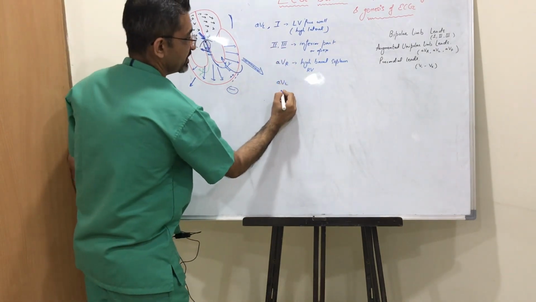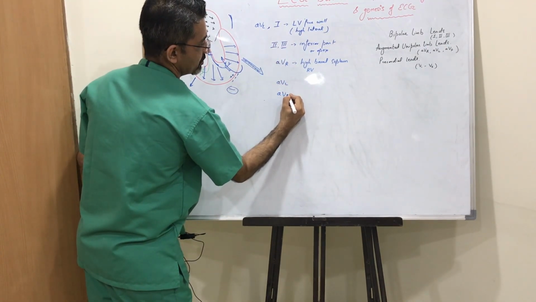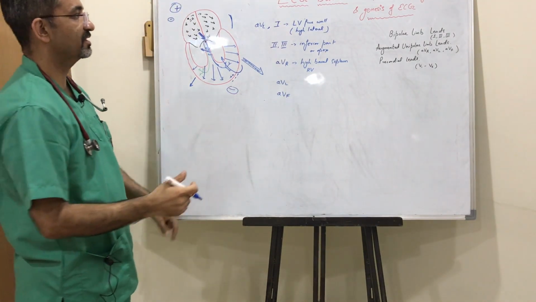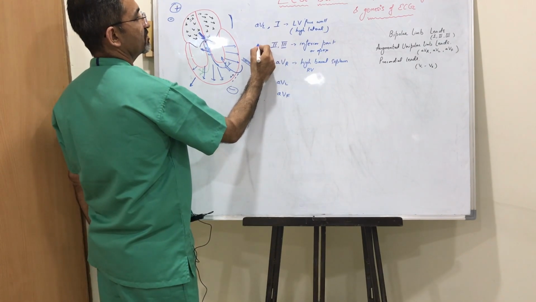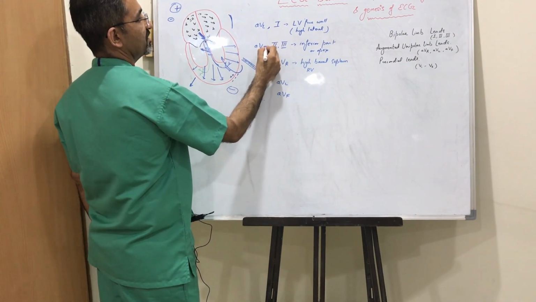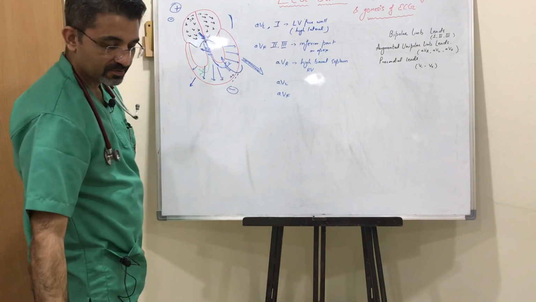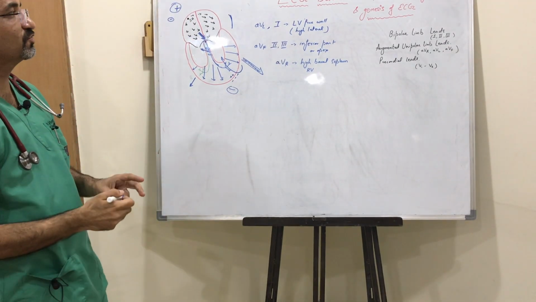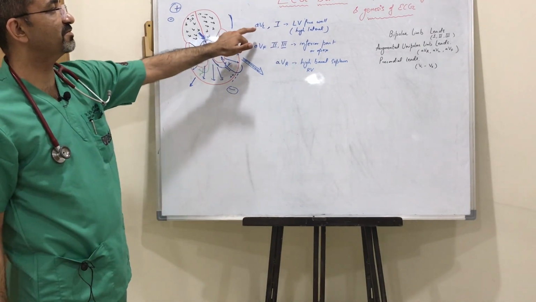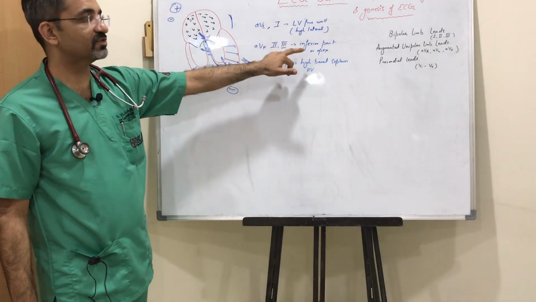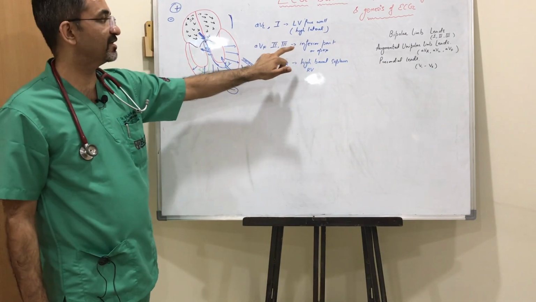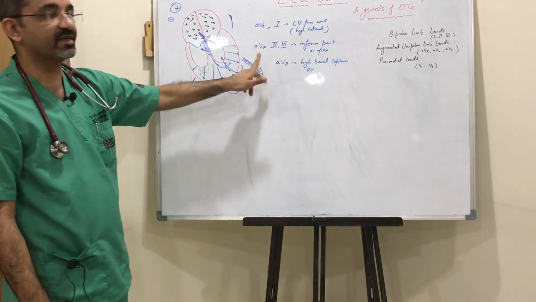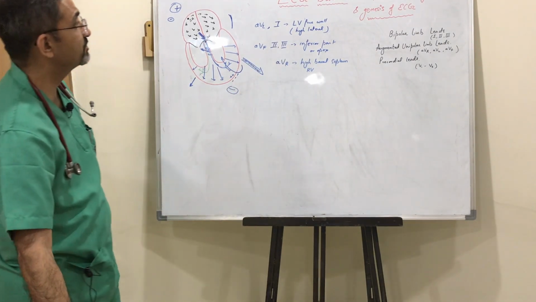If I talk of AVF, again its positive electrode is down, so it is with 2, 3, AVF: inferior part or apex. So grossly in the frontal plane, we see the LV free wall depicted by 1 and AVL. We see the inferior part or apex of the heart by 2, 3, AVF, and the right high basal septum and RV by AVR. Alright.